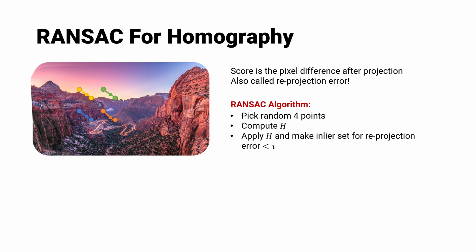We use some pixels, let's say 2 or 3 pixels, as the reprojection error threshold tau, which is equivalent to the green rectangle we were seeing before. You keep repeating this until you find enough inliers or exhaust the number of iterations. Once you find the inlier set, you compute the homography again, and that gives you the final homography matrix.